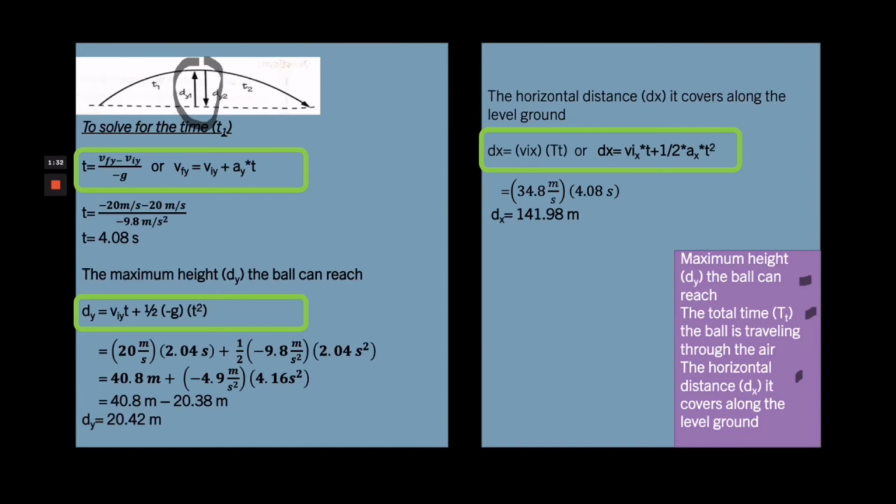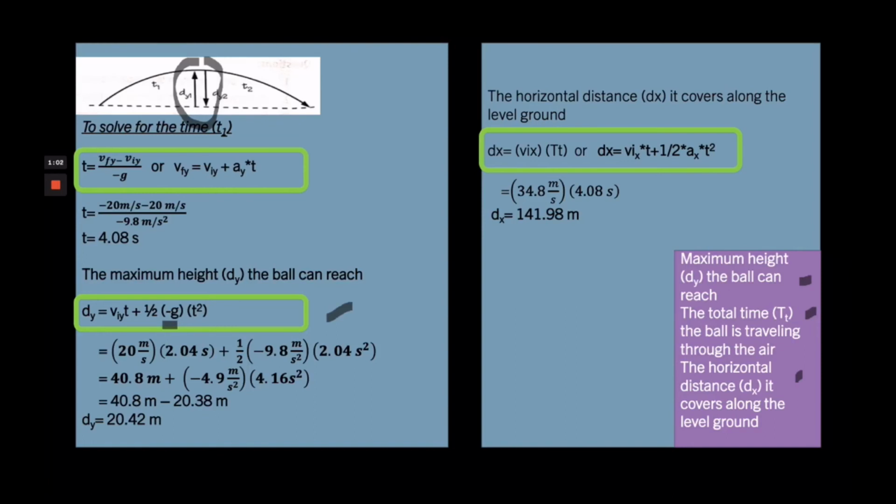To solve that, again, we go back to the kinematic equation, and the best possible equation we can use is this one. That's displacement y is equal to initial velocity y times time plus 1/2 times the acceleration due to gravity, and it's negative here because we are direction specific for the non-horizontally launched projectile, times time squared.